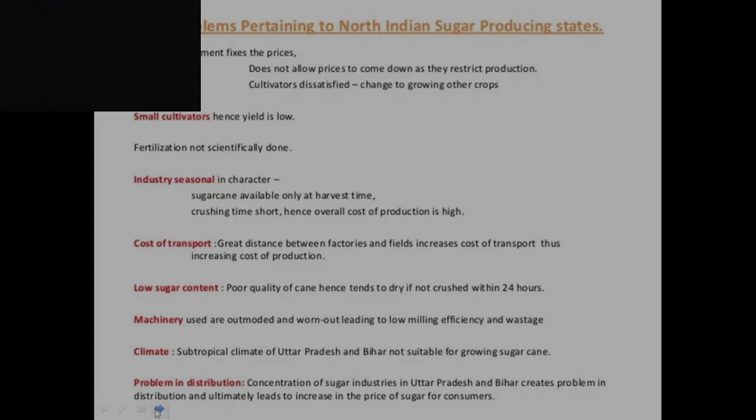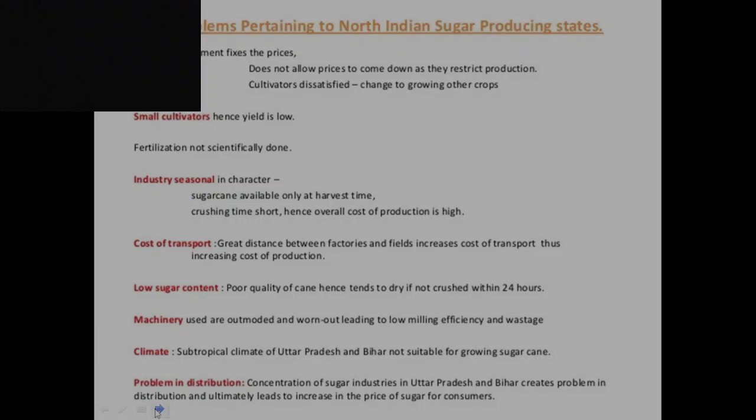And the cultivator decides to grow other products in the field. Dear students, the cultivators are small, hence yield is very low and they get less benefit. So definitely it is quite difficult for them.